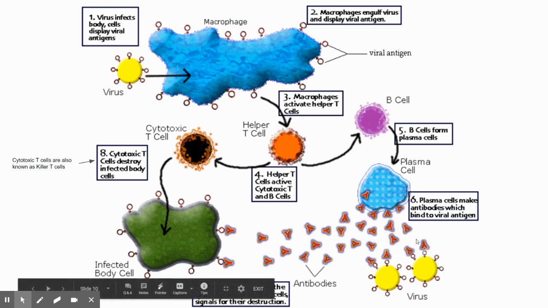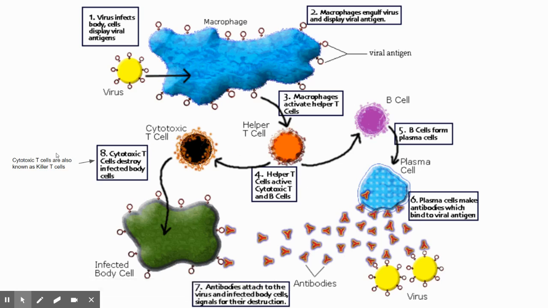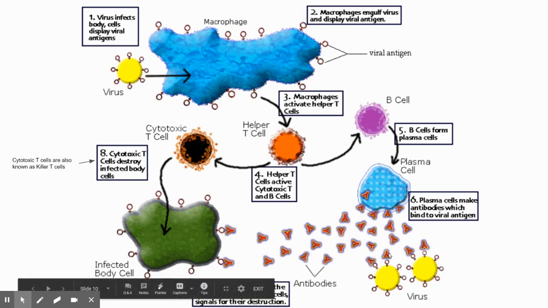So you're making all these antibodies, and these antibodies go and attach onto the viruses that are all around the body. Then we have our cytotoxic T cells, which are also known as the killer T cells. The killer T cells come and find the antigens that have antibodies attached to them and destroy them.